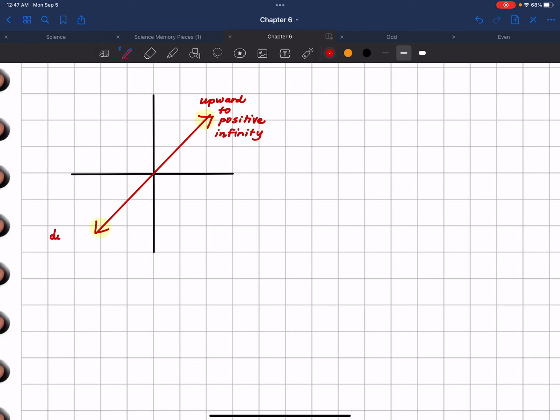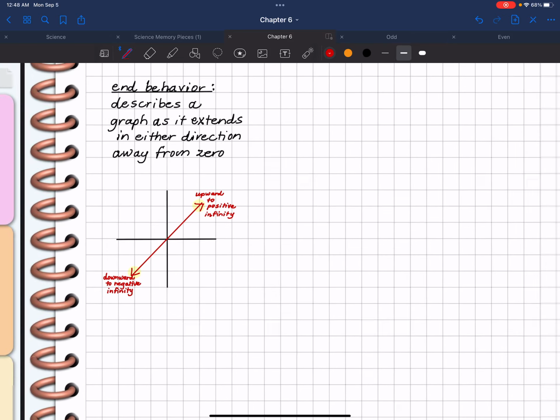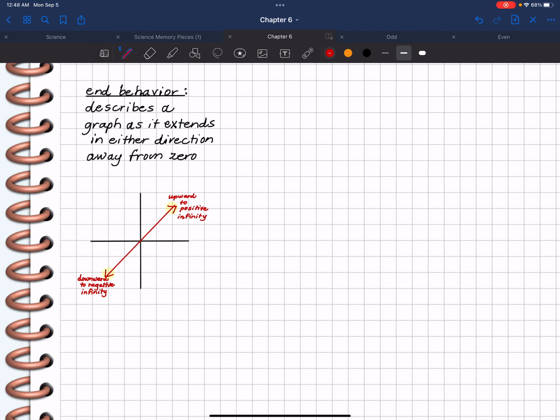And then this end extends downward to negative infinity. So this is nothing scary. It's just talking about what's happening on the ends of your graph.